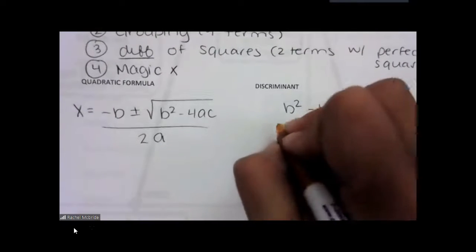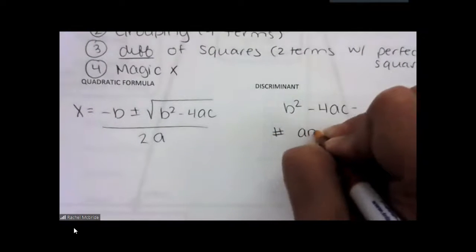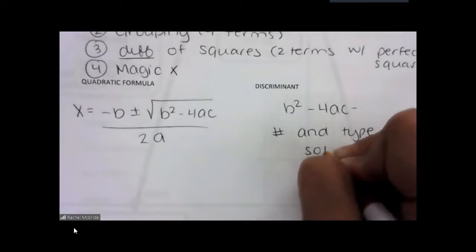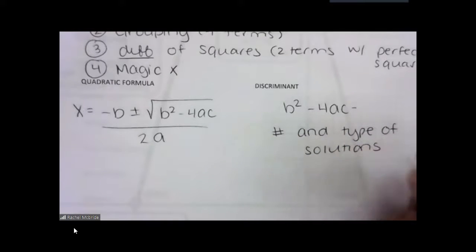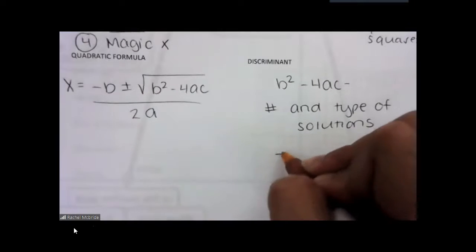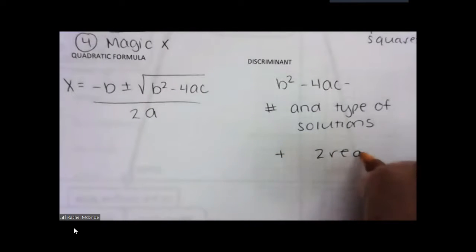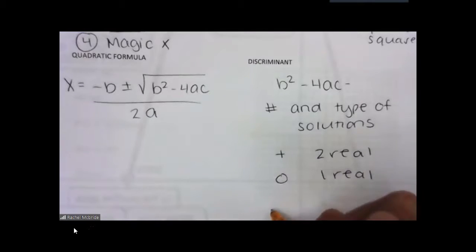The discriminant tells you the number and type of solutions. If the discriminant is positive, you have 2 reals. If it's 0, you have 1 real. And if it's negative, you have 2 imaginary.